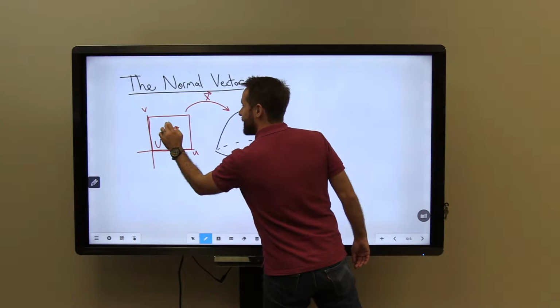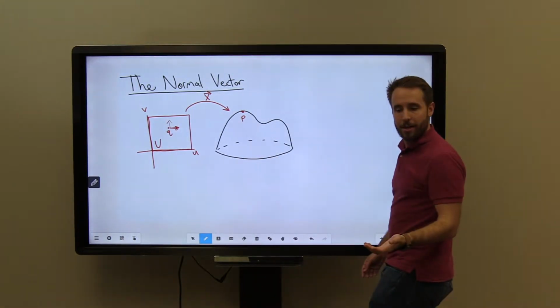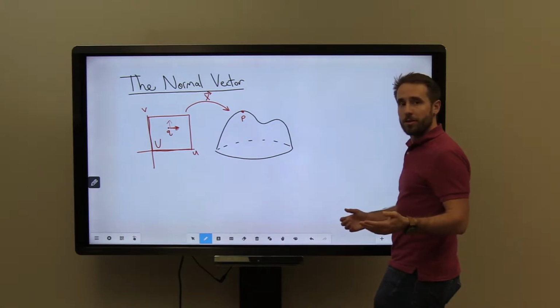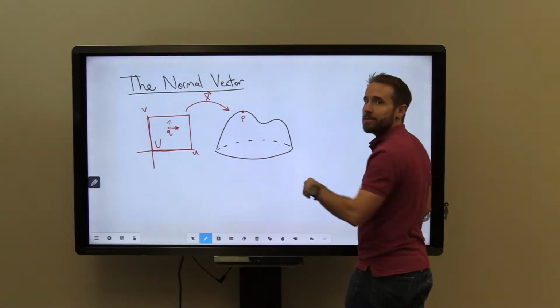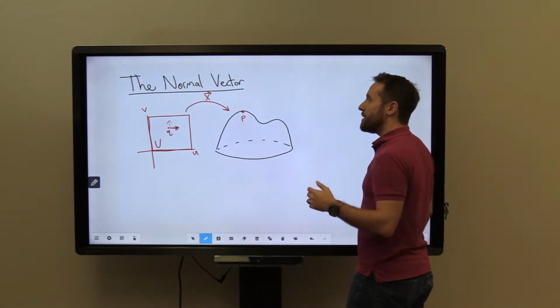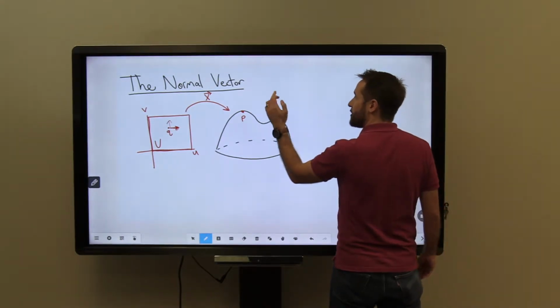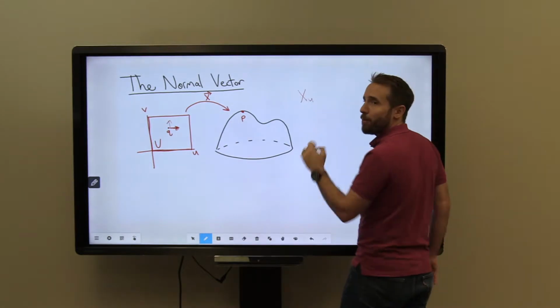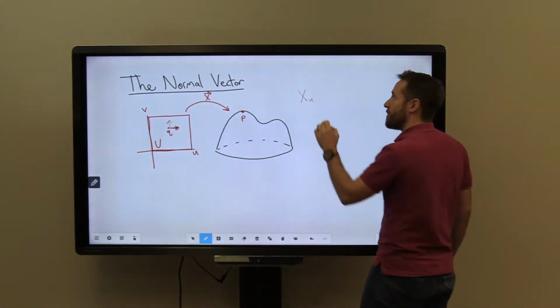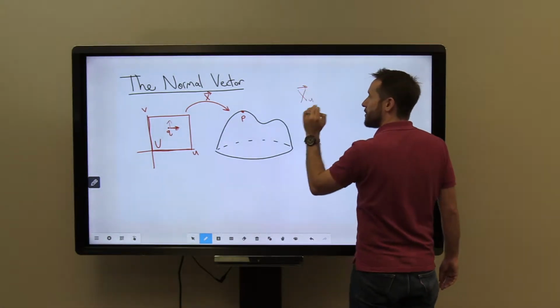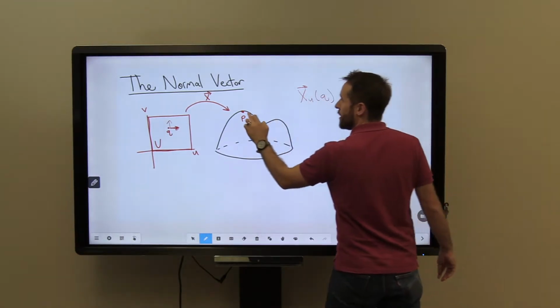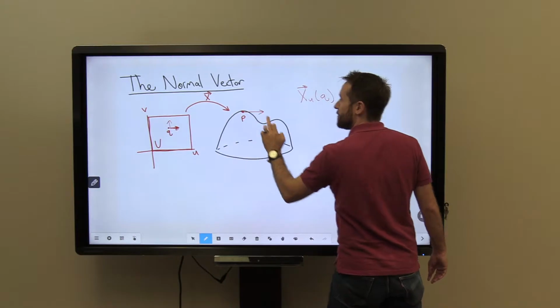We can also take a derivative in the pure V direction, and the result, if we map it into this space via the differential, will be a vector of the form X sub U. That's the partial U derivative of our parameterization, right? So X sub U at the point Q, and that will be, say, this vector right here.